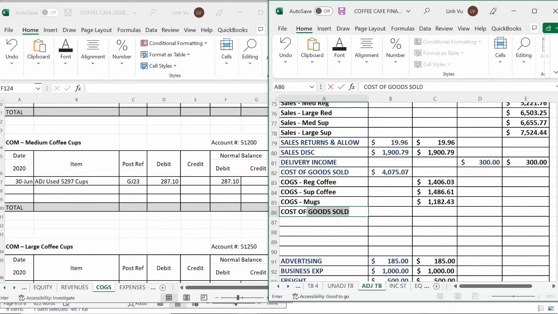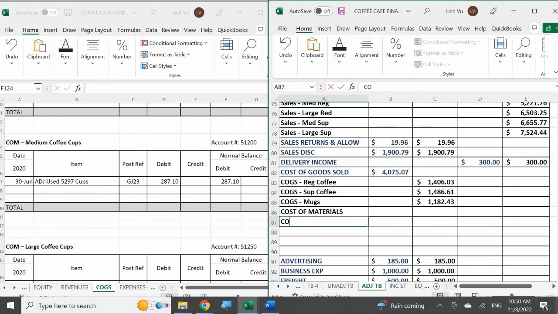Cost of materials. Okay, and then we got cost of materials for medium cups, cost of materials for large cups, cost of materials for sugar, and cost of materials for creamer.